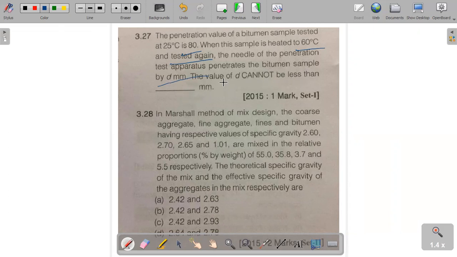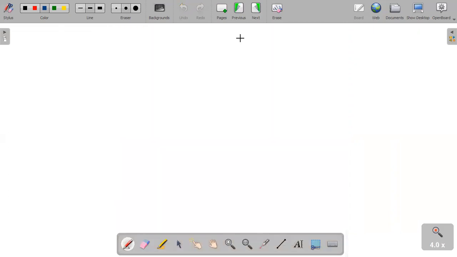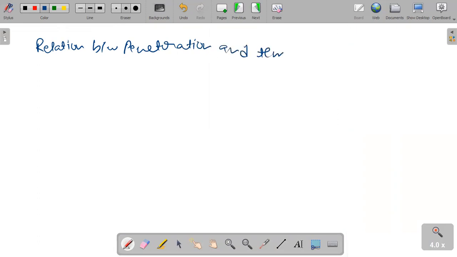Before that, let's see the relationship between penetration and temperature.